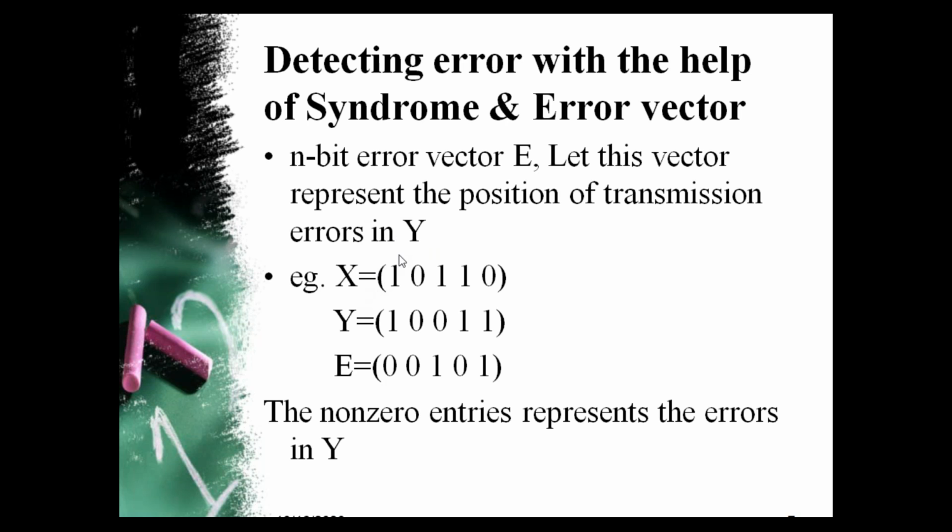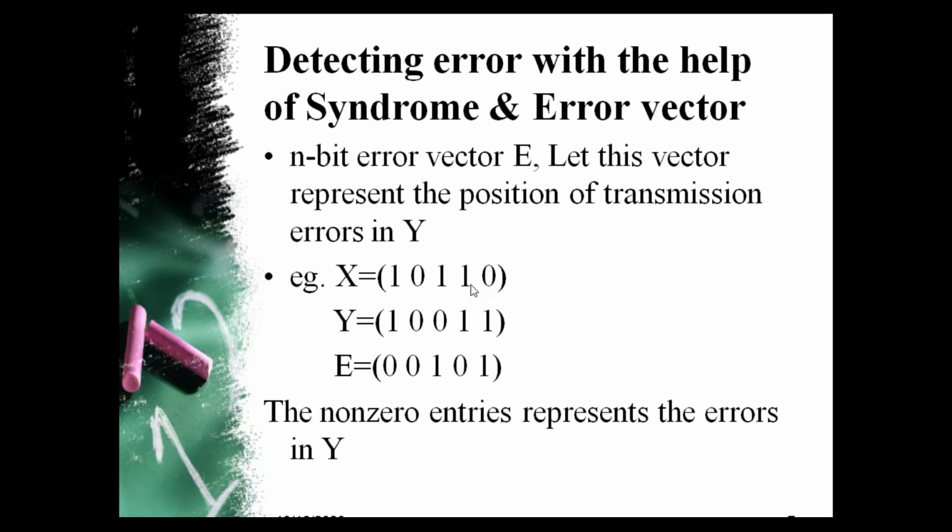For example, take x equal to 10110. We are transmitting a code word with n equal to 5. Sorry, I said 6 earlier, here it is 5 only.